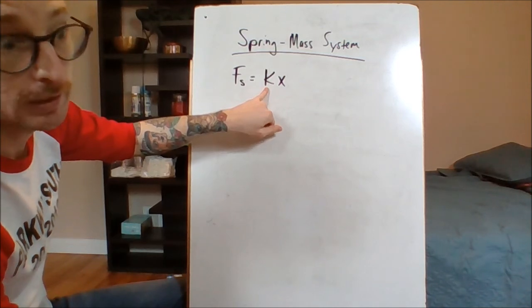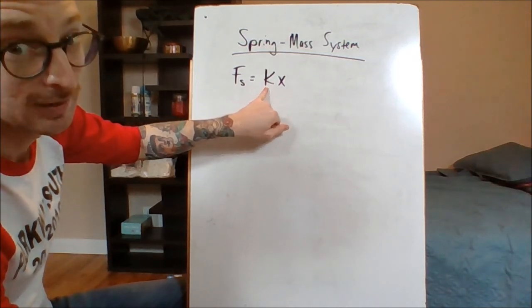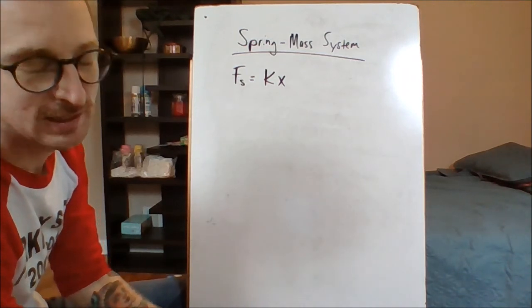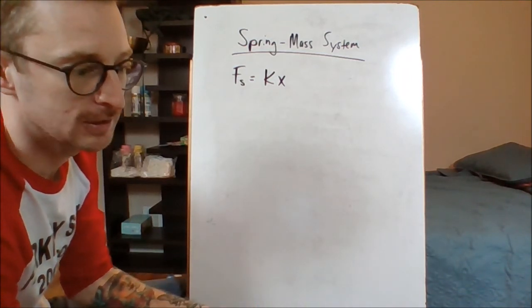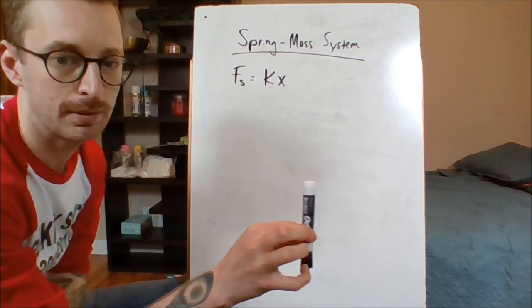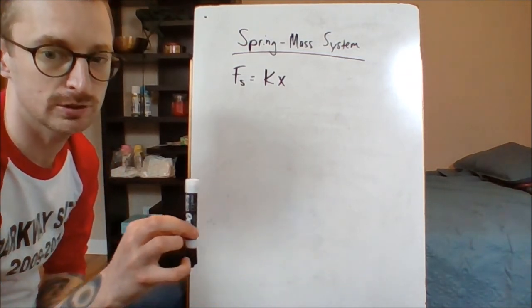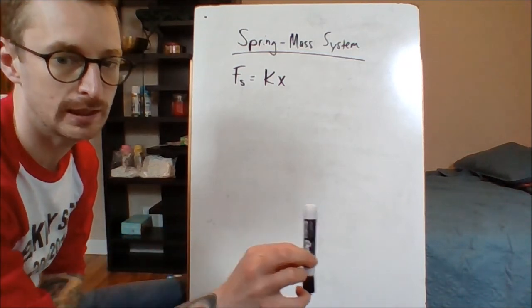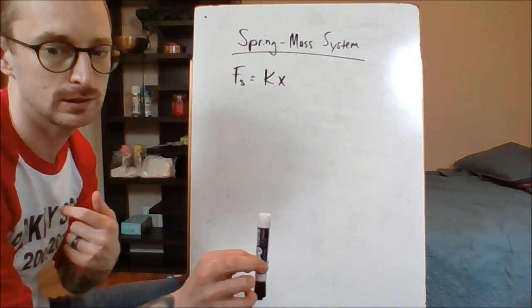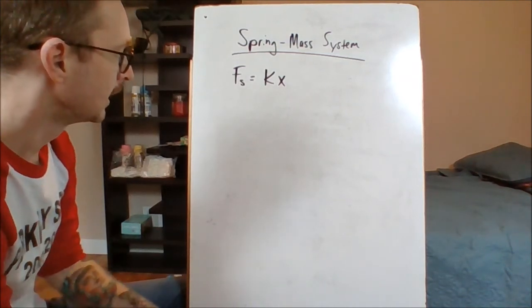We have the spring constant, in newtons per meter. And x is the distance from equilibrium, how far it is from the equilibrium point. So if this is my equilibrium point and I pull it back, the force gets stronger and stronger, and it's always pulling towards that equilibrium point, even when it passes that point.